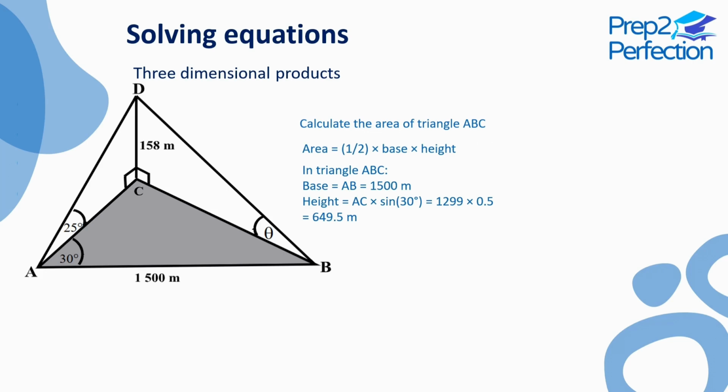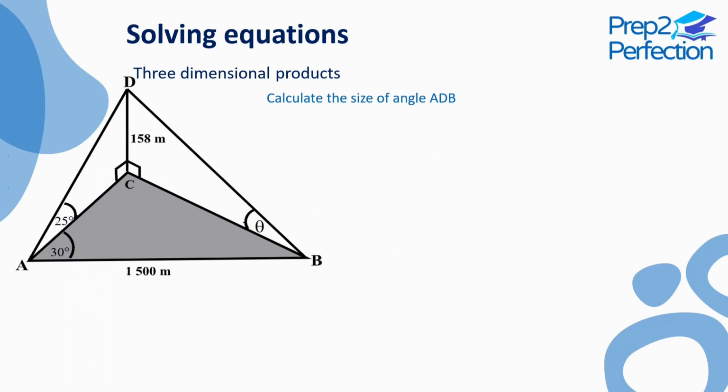Area is equal to a half times 1,500 times 649.5, which gives us the final answer of 487,125 meters squared.